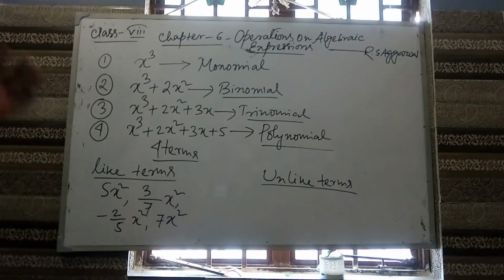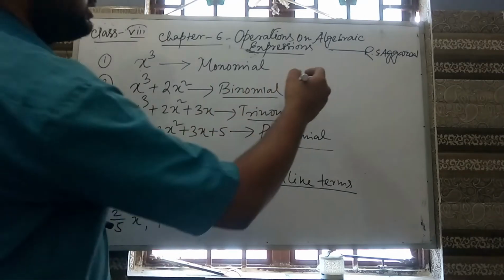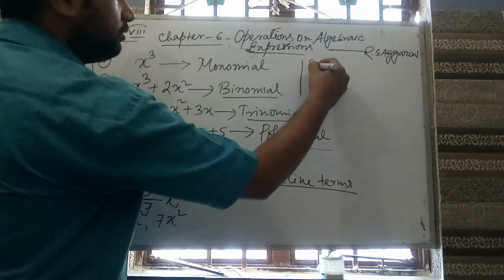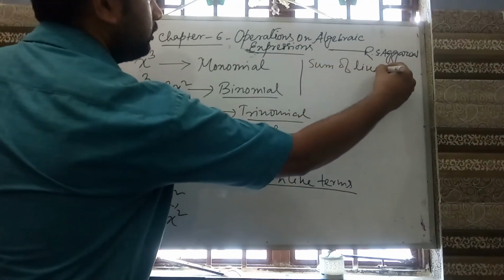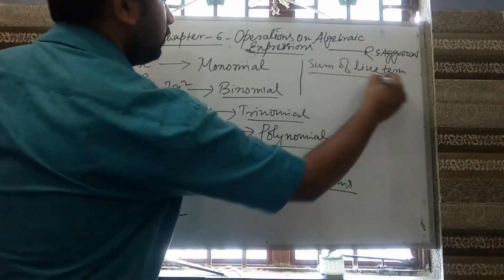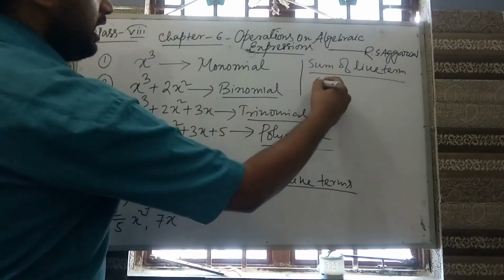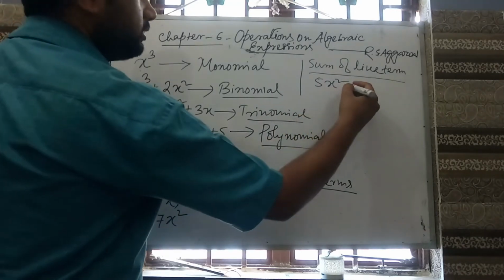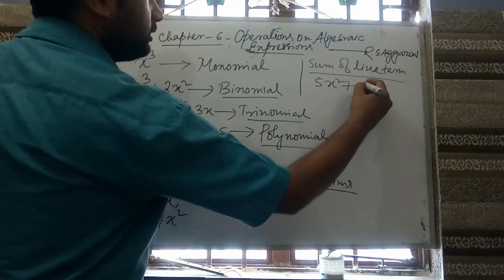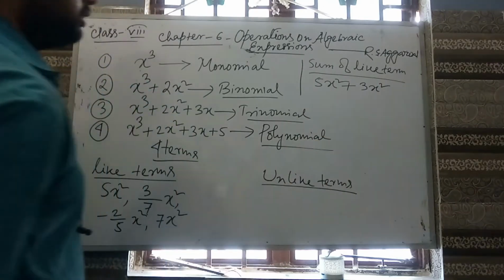In case of like terms, we can do the addition and subtraction. Let us give an example, sum of like terms. Suppose 5x square is a term, another term is plus 3x square.